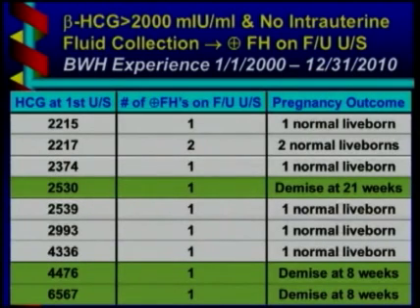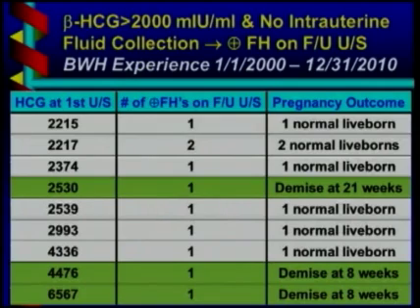In fact, we looked, and this will be in press. This is an article being published in the December 2011 edition of the Journal of Ultrasound in Medicine. We looked at our own hospital's experience between January 2000 and December of 2010. We looked at all cases where the beta-HCG was above 2000 and no intrauterine fluid collection was seen on the ultrasound, and then a positive heartbeat was seen on a follow-up ultrasound.